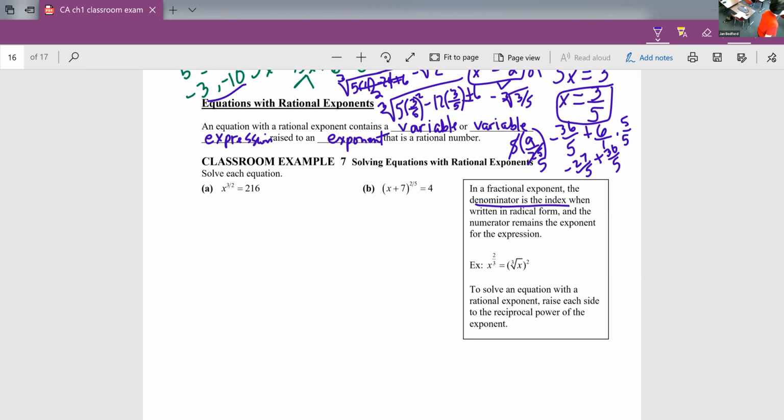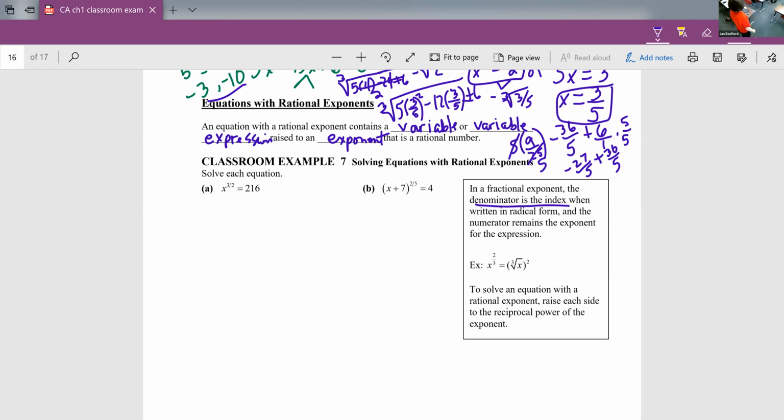That's how you define an equation with a rational exponent. So you've got to have a variable or a variable expression, and it's raised to a power where the exponent has a fraction in it. So we're going to solve this.